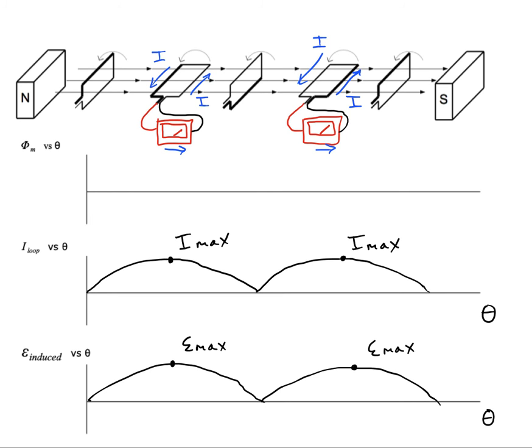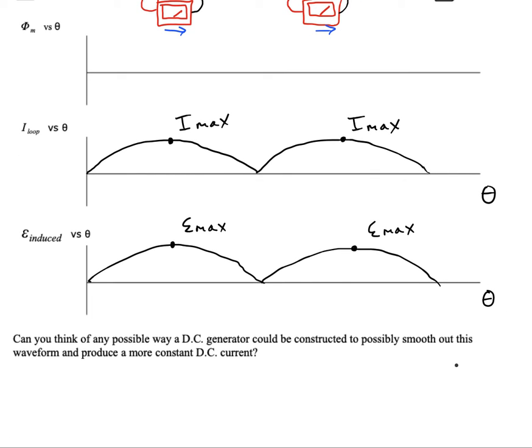And so one way to create a current that's more steady would be, instead of using just a single loop, we could connect more loops.